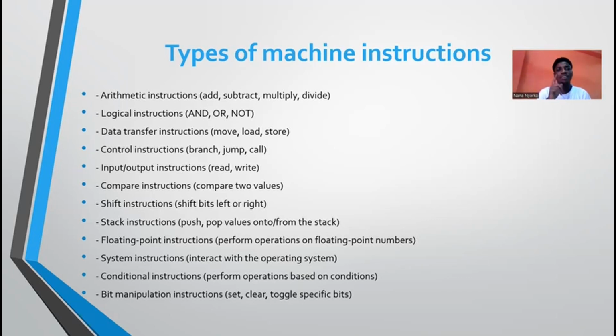We have data transfer instructions, control instructions, and input and output instructions, read and write. In this case, the write can be you typing, and the read will be what you are typing shown as software displayed on your monitor screen or your laptop screen.